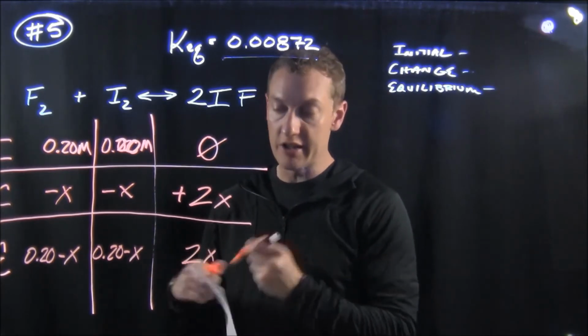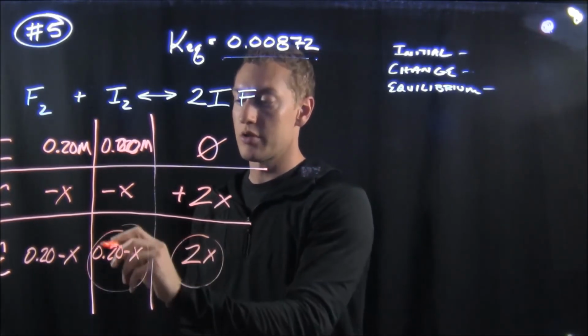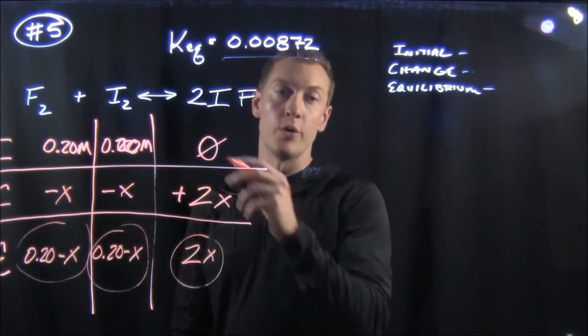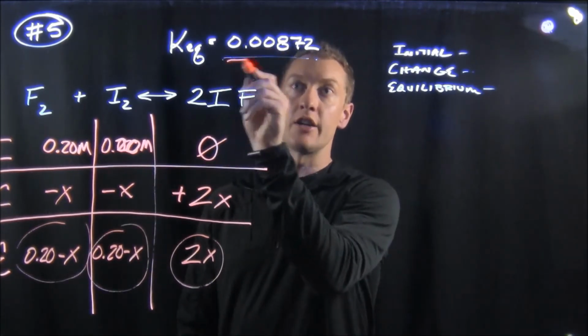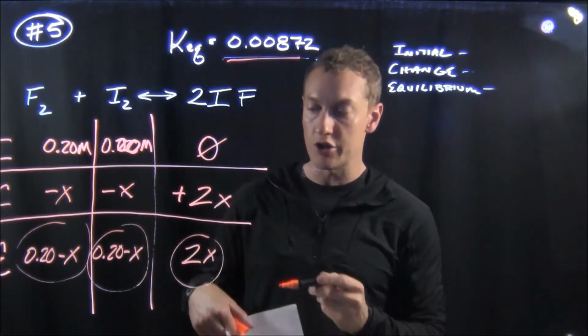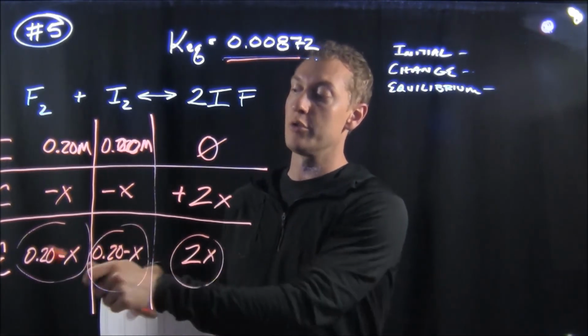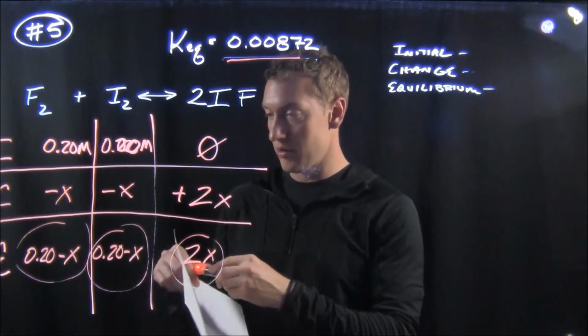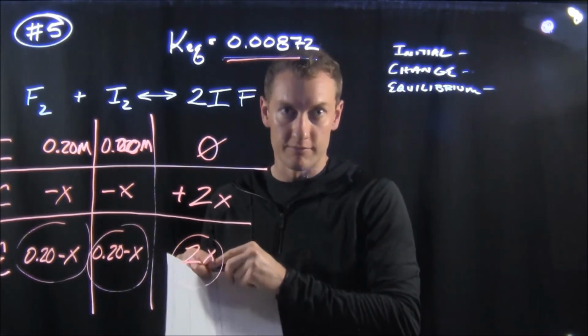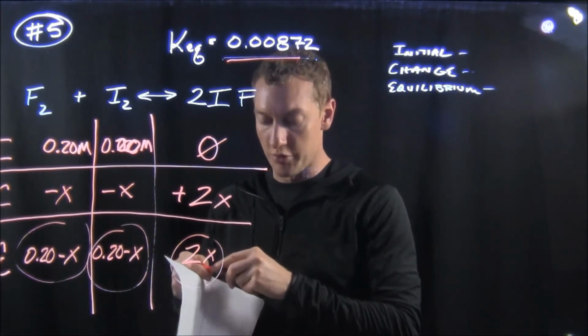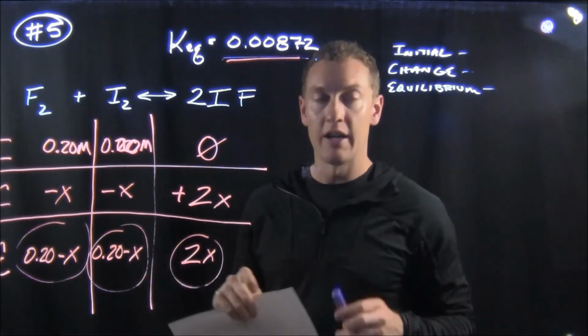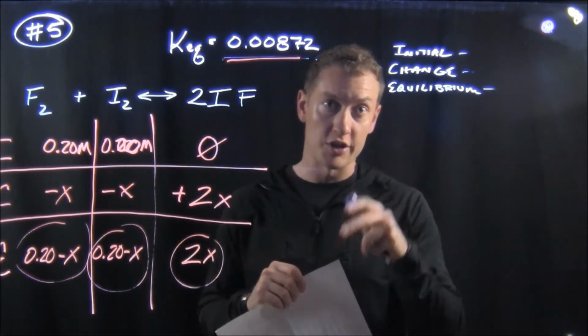Then I can take these values, the equilibrium values, and put them into a KEQ expression, where KEQ is that value that was given to me initially. If I solve for X, then I can plug X back into these equilibrium equations and find the concentrations at equilibrium.